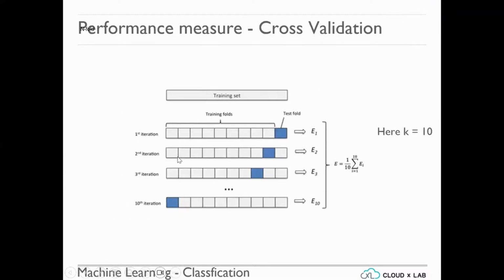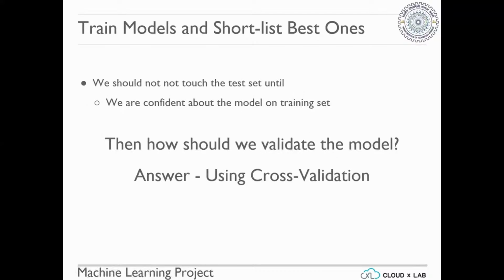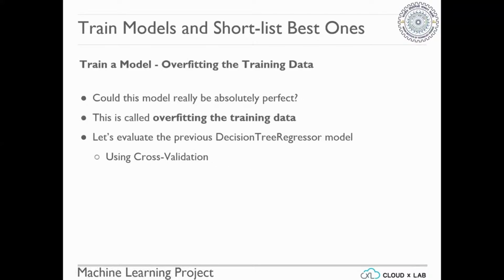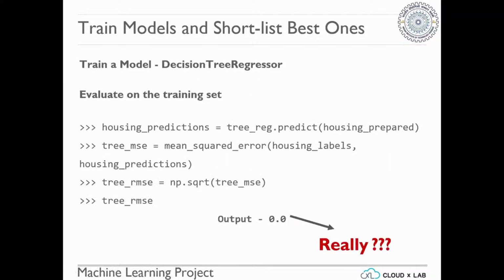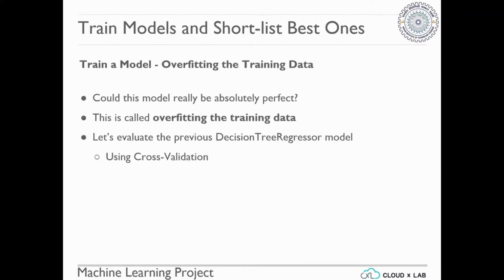Question: we are using different training sets, so it will generate 10 different models? Now, consider the case when you are checking, let's say, 5 options for the same model class, for example the same decision tree model.